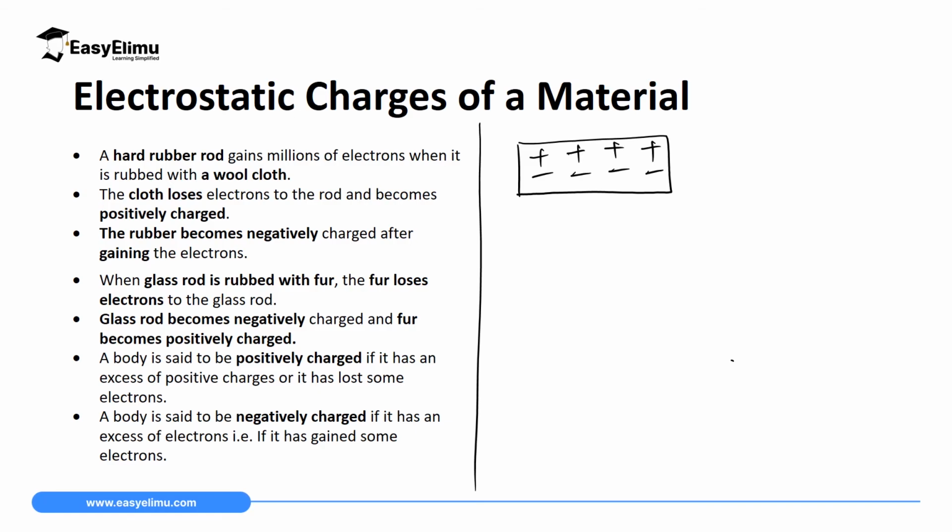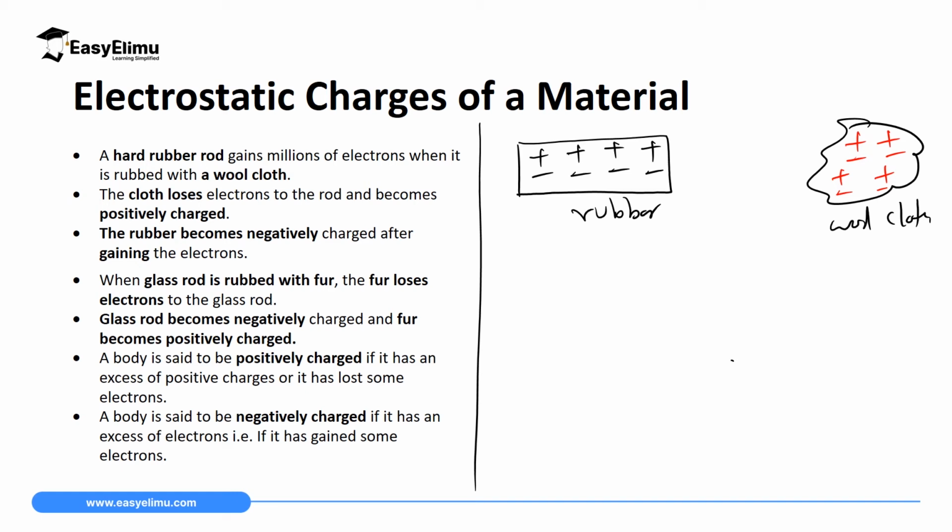It means the number of protons is equal to the number of electrons. And then if we have a wool cloth, it also has atoms which are electrically neutral. It means the number of protons is also equal to the number of electrons.